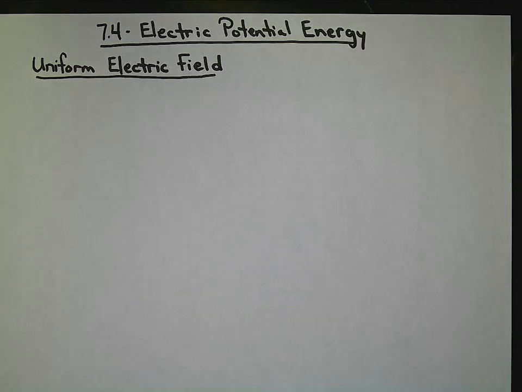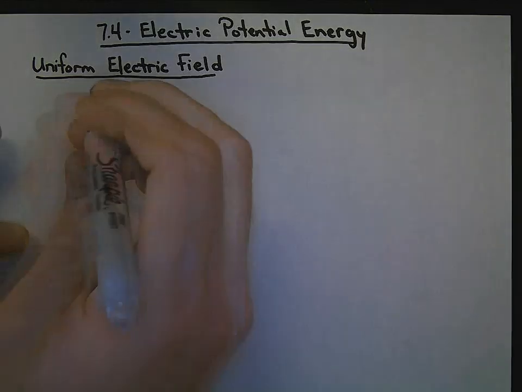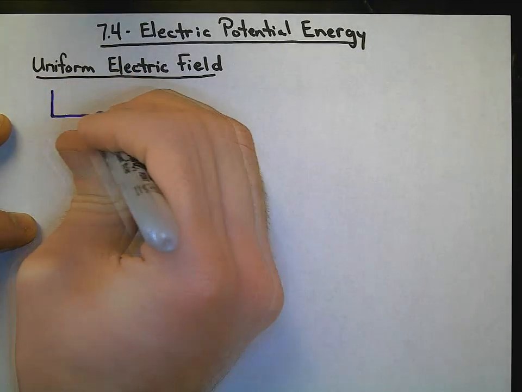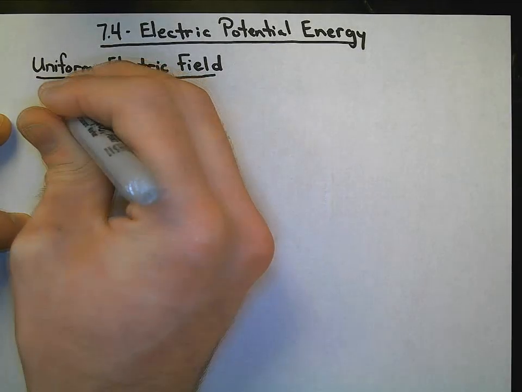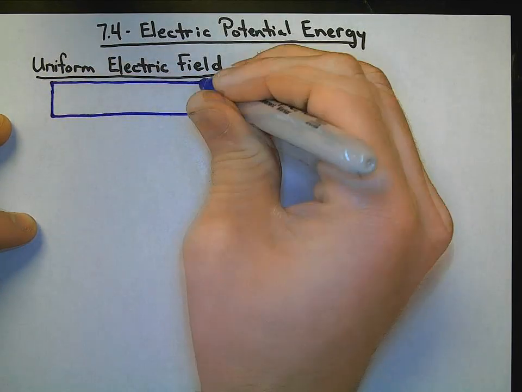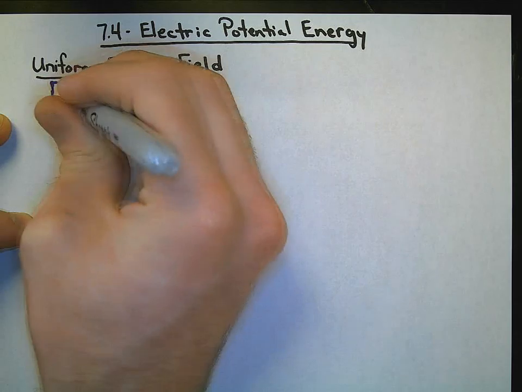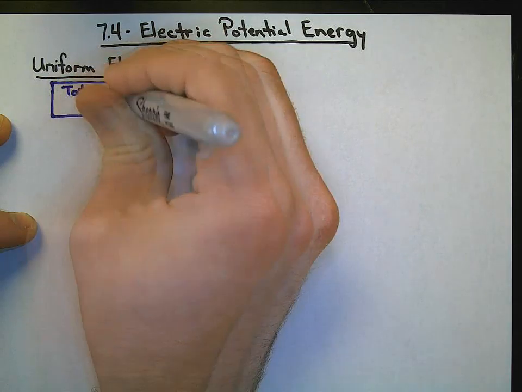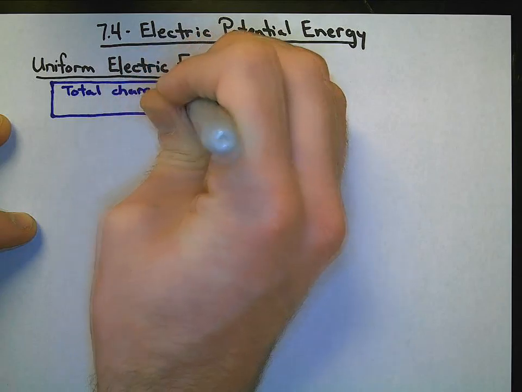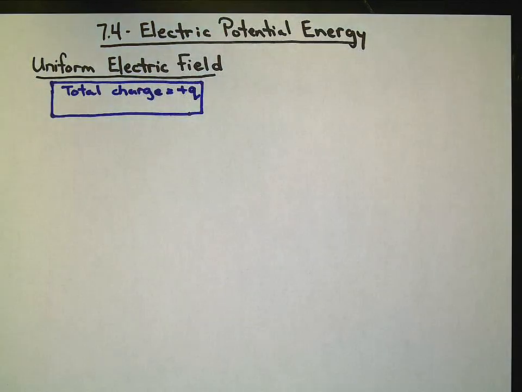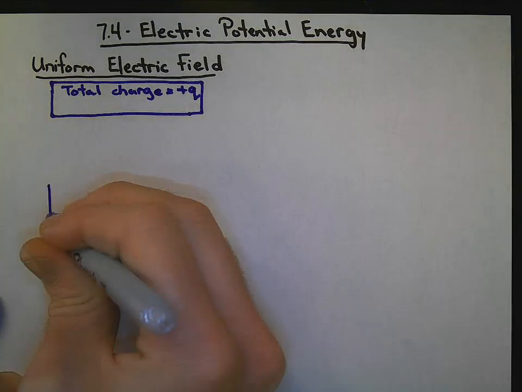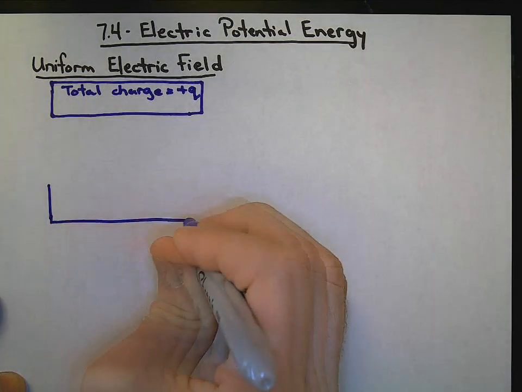And let's suppose in this case that we have two parallel plates. On plate 1, right here, let's suppose that it has a total charge of positive Q. And these two plates are separated by some distance as well.